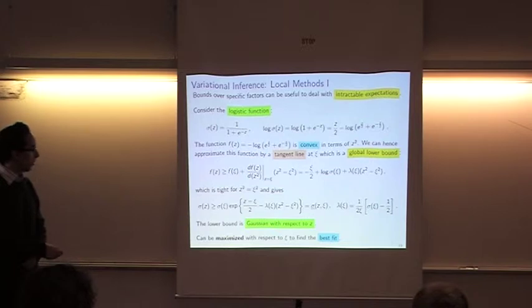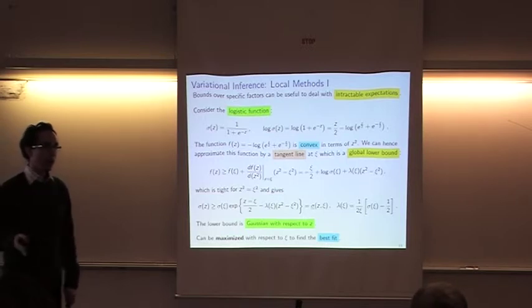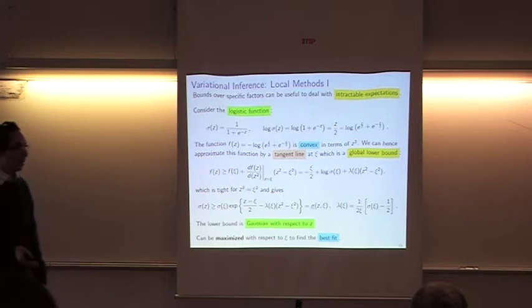And this bound can be maximized with respect to psi to find the best fit. So the point at which I'm taking the tangent line is going to be an additional parameter, which is an input to the variational lower bound, and I can maximize the whole lower bound with respect to the parameters of my posterior approximation and with respect to the parameters of this lower bound on the factors.